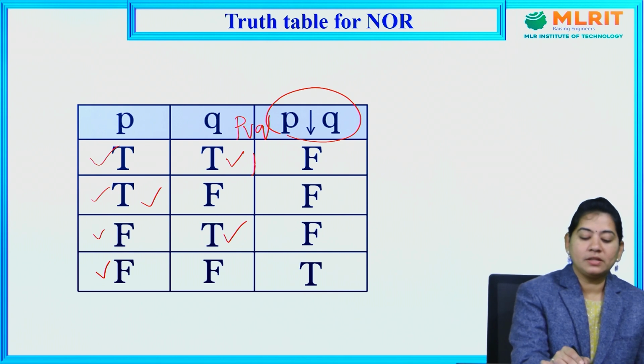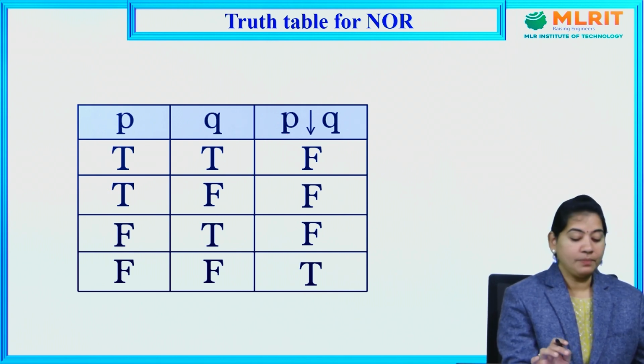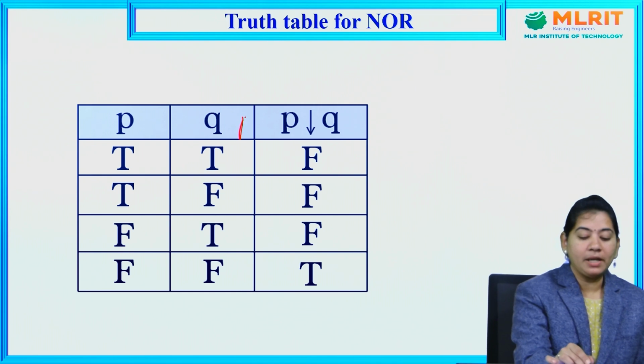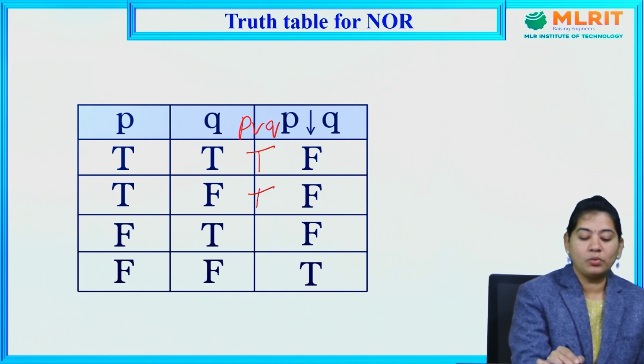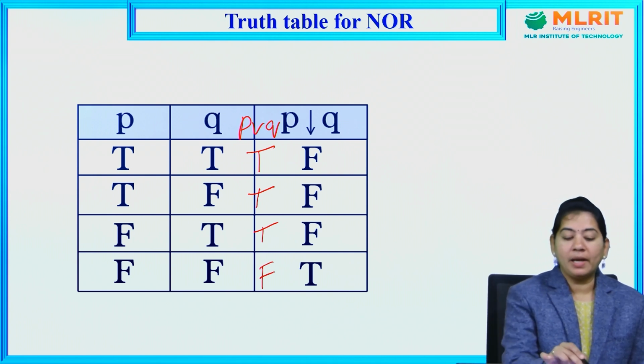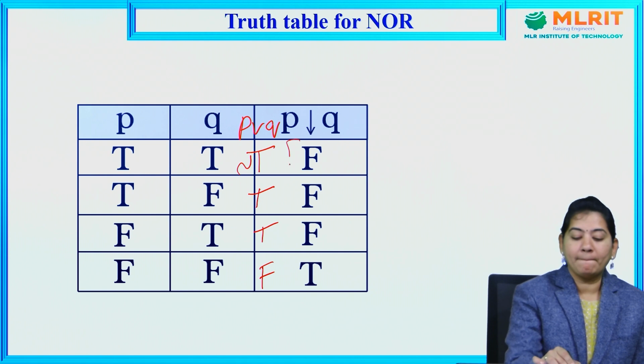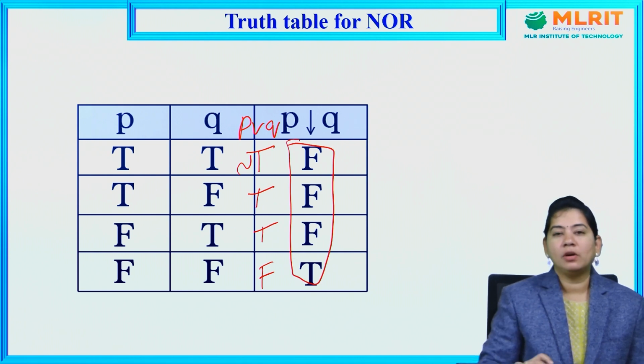So in the first three rows you will get true, and otherwise you will get false. Now applying negation to this P or Q, you will get the resultant value of NOR.